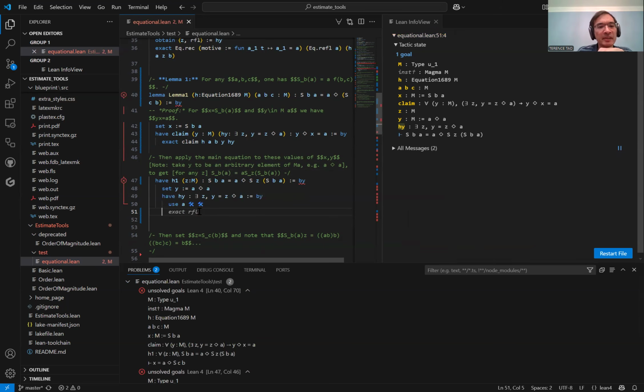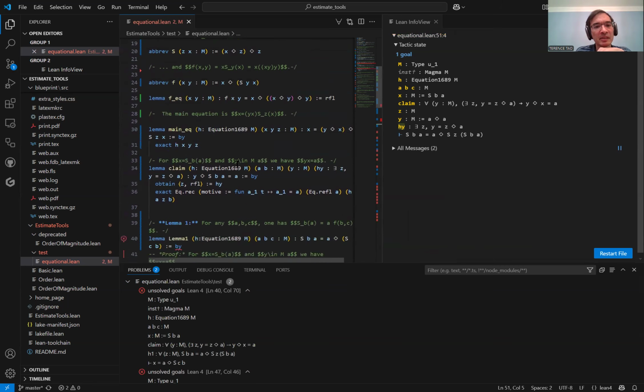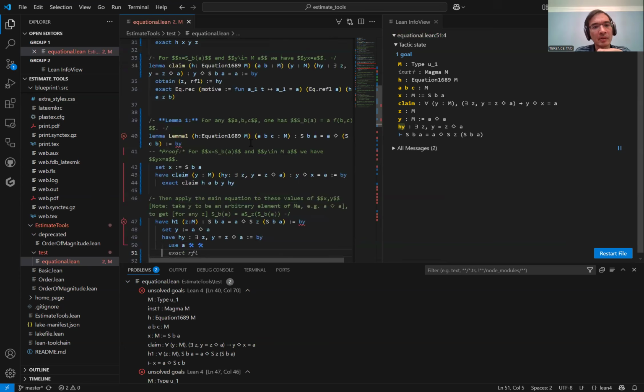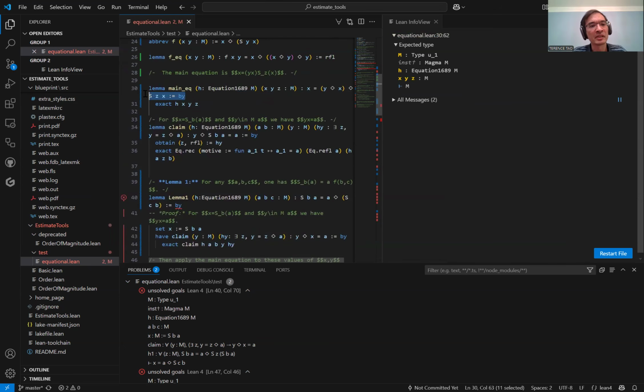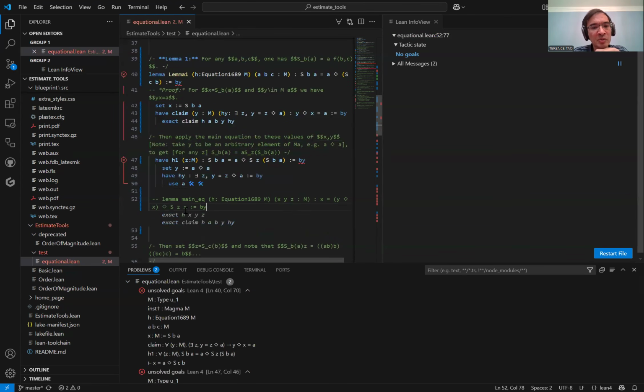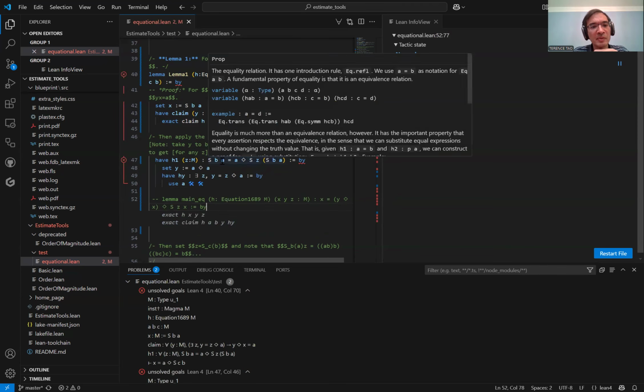All right, so I have to think about, I have to apply the main equation. Okay, so the main equation is up here. Just make a copy of it just to stare at it. Here's the main equation. The main equation is x is equal to y times x and SCX. I want to prove A is SC. Okay, I think I want this to be x.